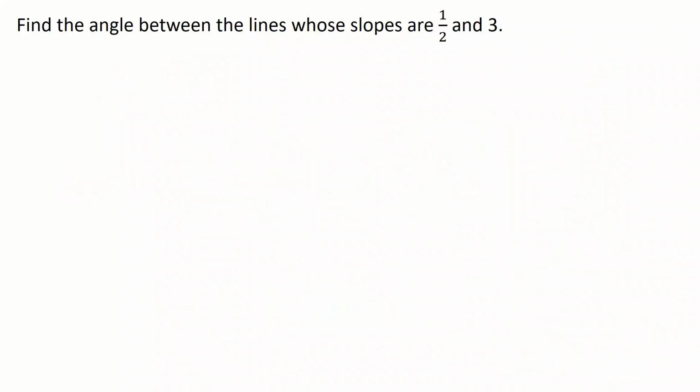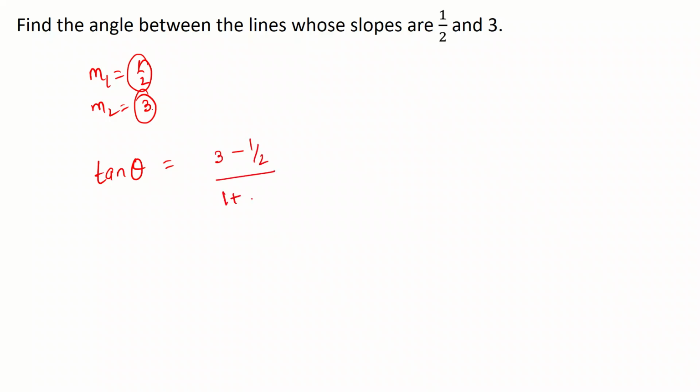Okay, so let's take up some questions. Find the angle between the lines whose slopes are half and 3. So I am given the slopes of the lines, meaning m1 is half, and m2 is equal to 3. Now I want to find out the angle between them. If theta is the angle between them, then tan theta is equal to (m2 − m1) divided by (1 + m1 m2).